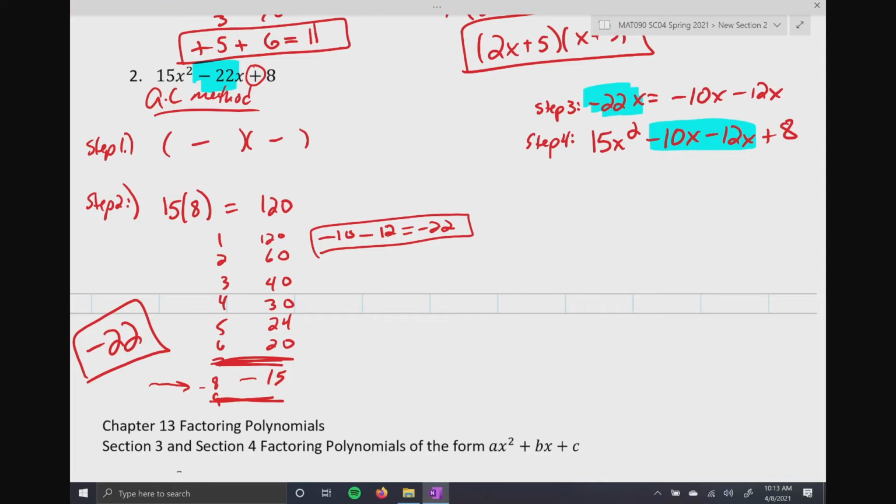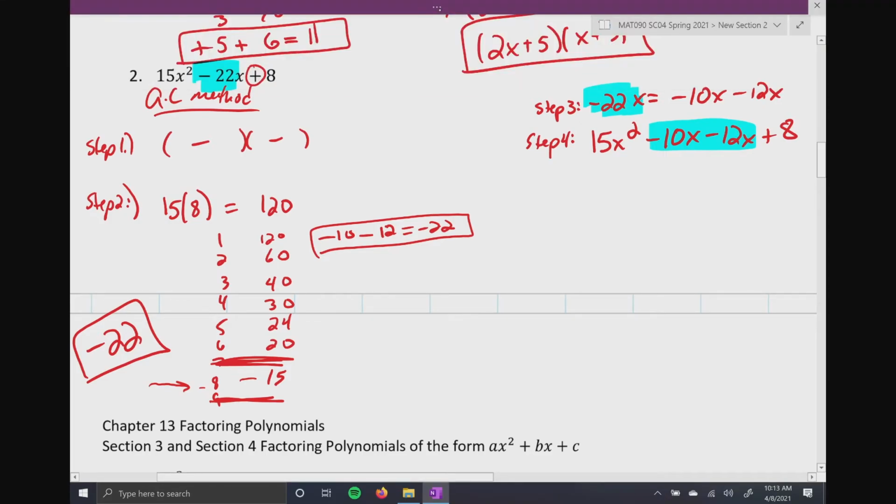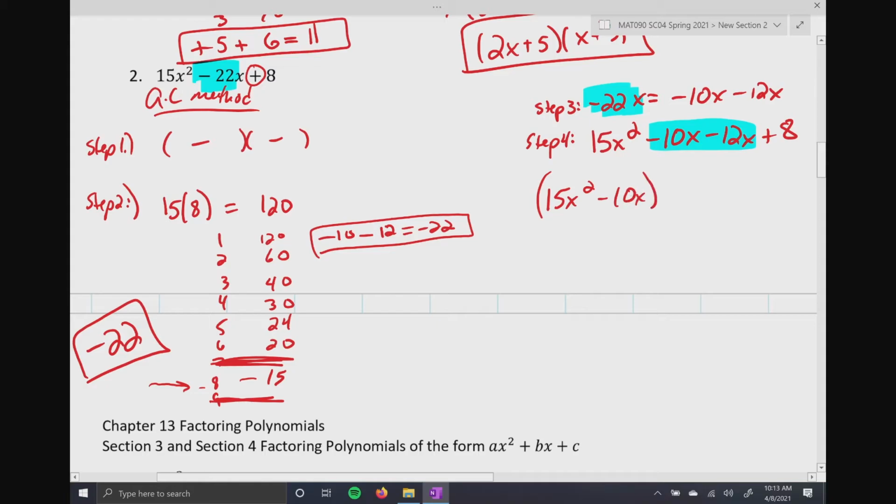So let's go ahead and finish this. Now we've got to be careful. When I group, I've got to make sure that I change that second sign, because the middle sign is a minus. So you've got to change the second grouping. It was plus 8, now it's minus 8.